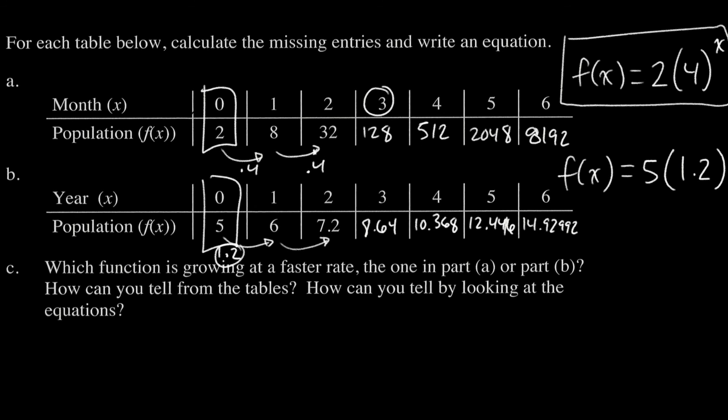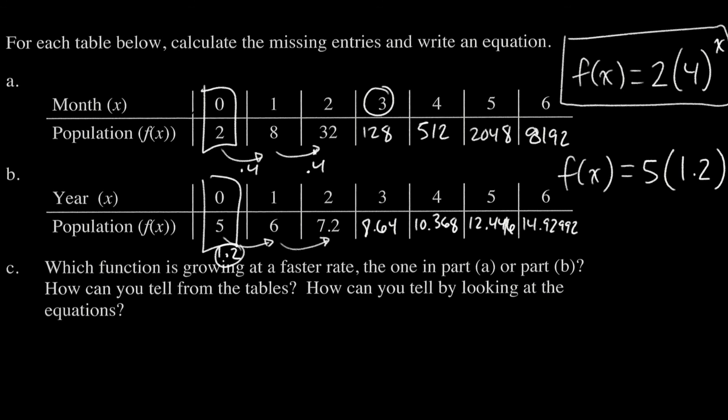Every single time I move forward 1 month, the population quadruples. It's 4 times larger. And in B, it's only increasing by 20%, right? My multiplier is 1.2, so it's a 20% increase.